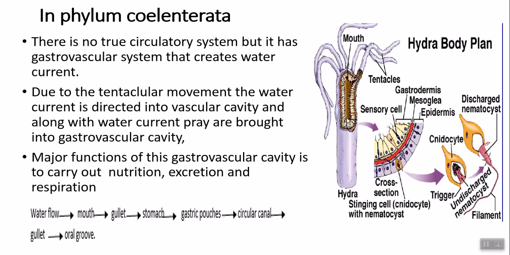That almost substitutes the major function of the circulatory system. So this movement of water in and out helps to transport the nutrients and even the respiratory gases. Therefore, this is an exact substitution for the circulatory system.